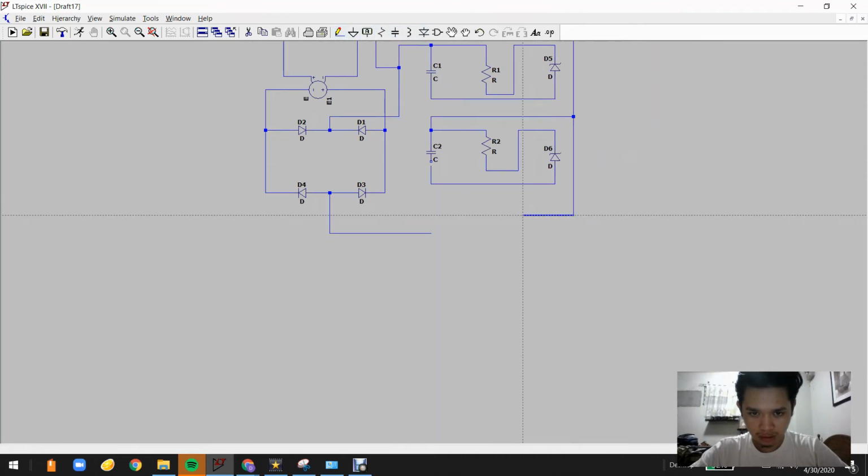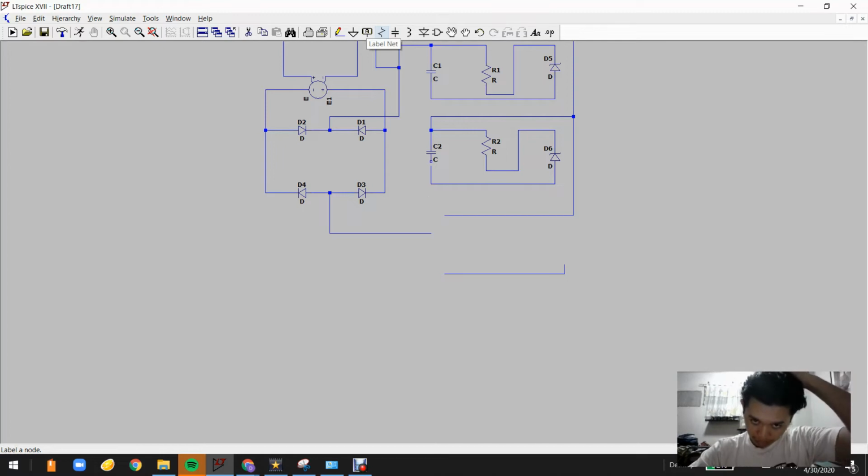Connect these. This is where our capacitor will be. This is where our third capacitor will be. Connecting it to the other two.